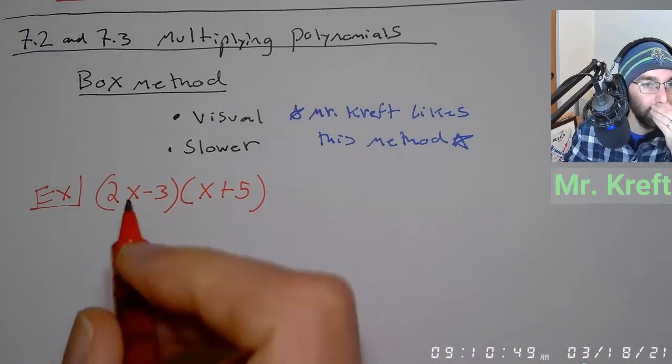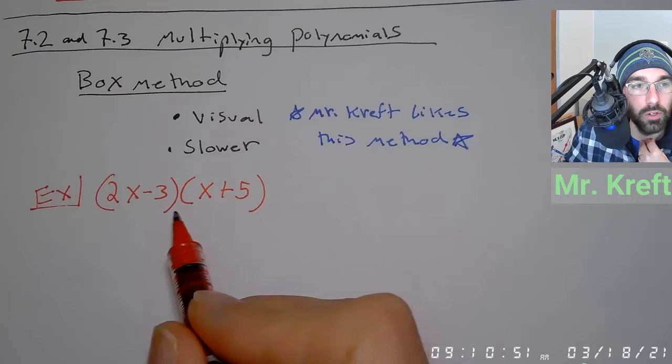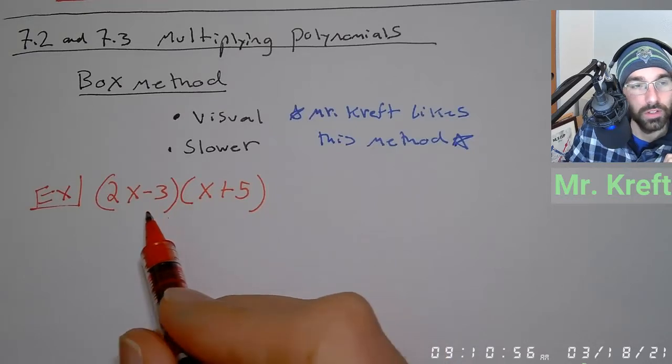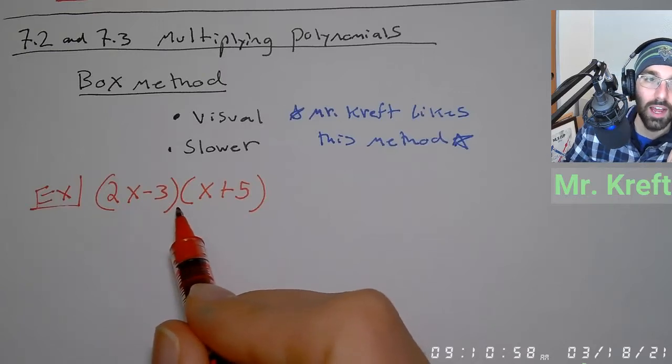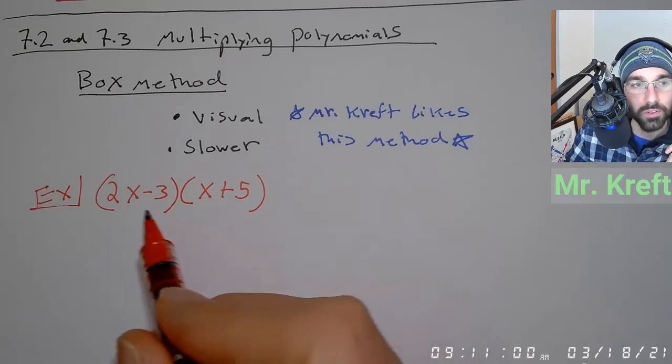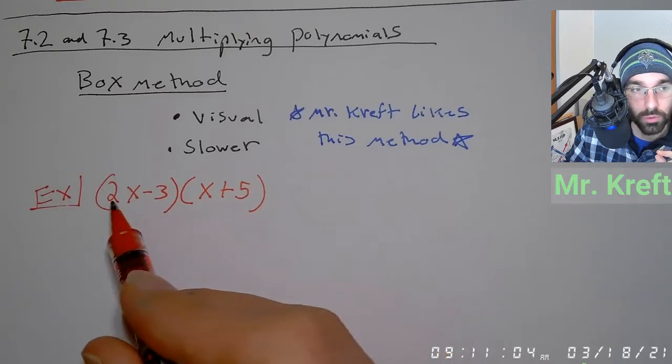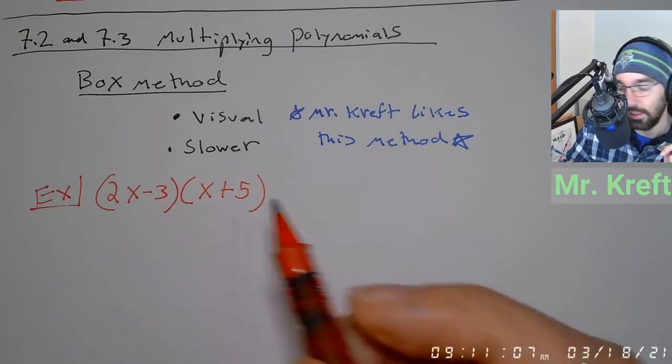Okay, so this is multiplication, right? So remember, if you have two things next to each other, that's multiplication, right? So this is 2x minus 3 times x plus 5. So this is a binomial times a binomial. And bi means 2, right? So there's two terms in each of these.